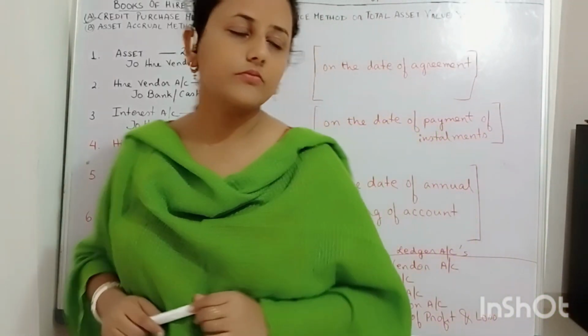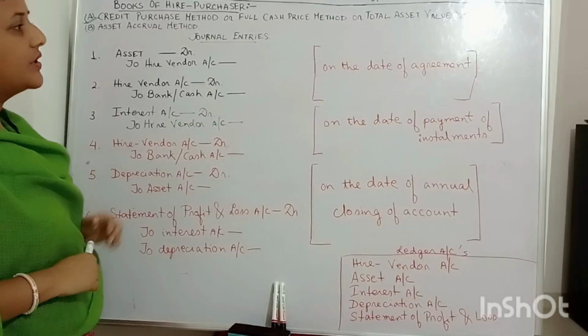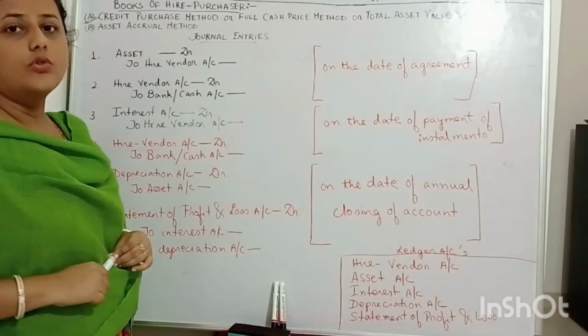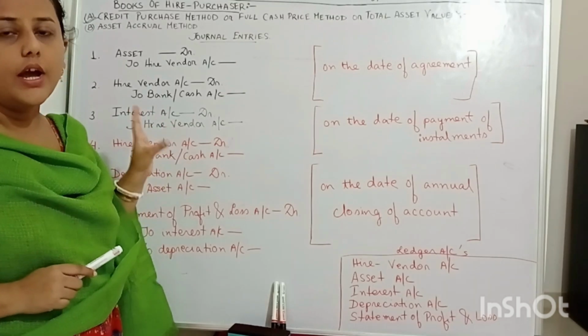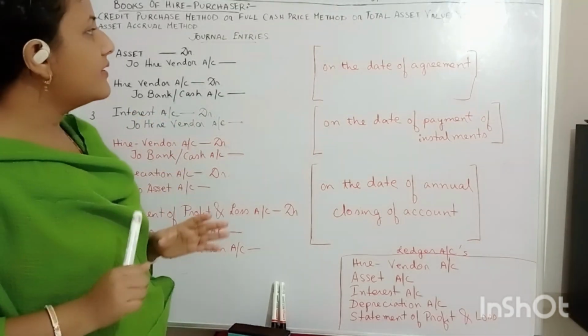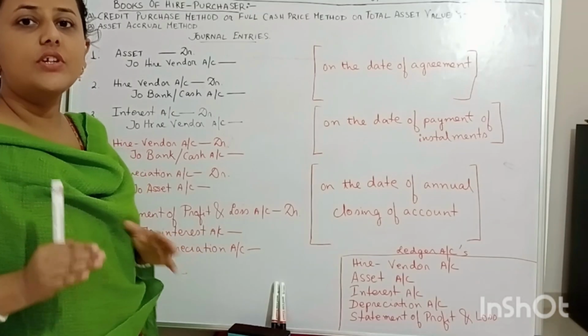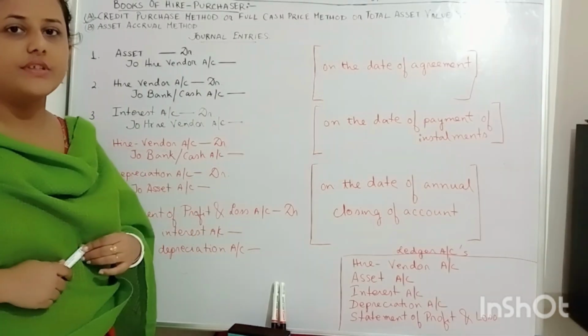First of all, you see, for the purchase of asset. This is the books of hire purchaser. I am talking about the books of hire purchaser. So when the hire purchaser purchases the asset, it comes into his business.